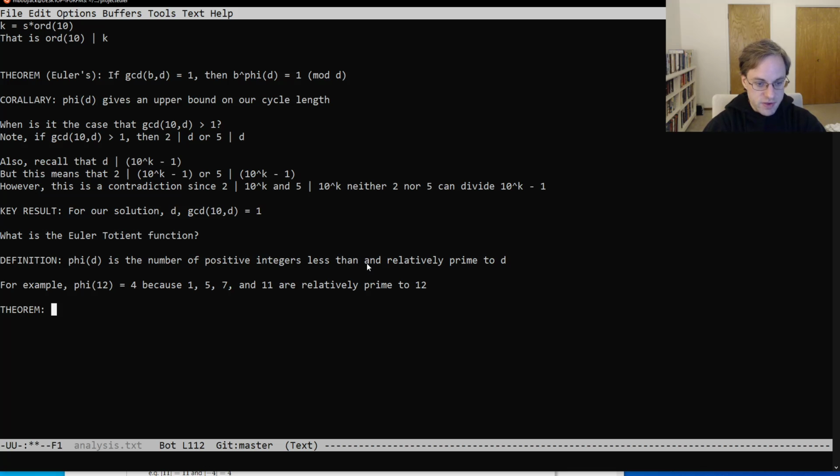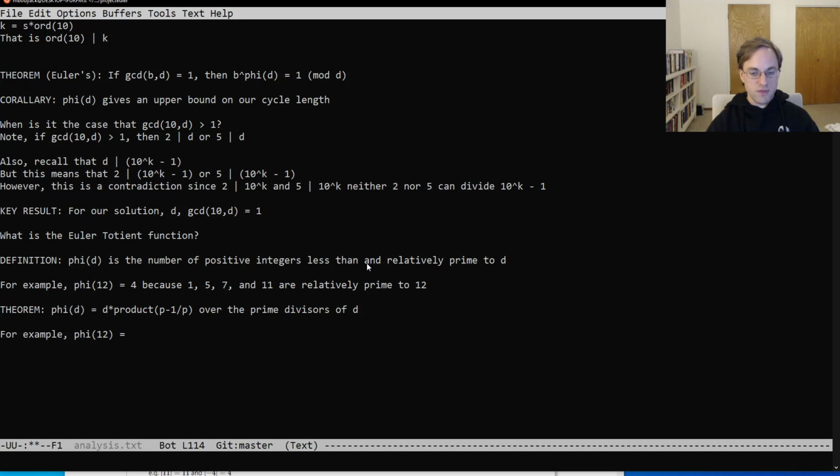So we'll just have a theorem here, which is that phi of D is going to be equal to D times the product of (p minus 1)/p over the prime divisors of D. That is, we're going to evaluate this expression over the prime divisors of D. And again, for example, phi of 12.